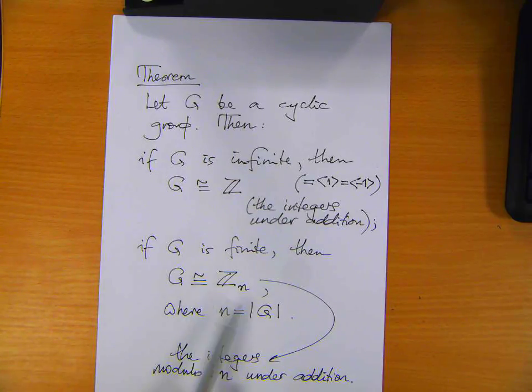But in any case, we understand integers modulo n, so this is clock arithmetic where your clock has n spaces. So we understand this one as well.